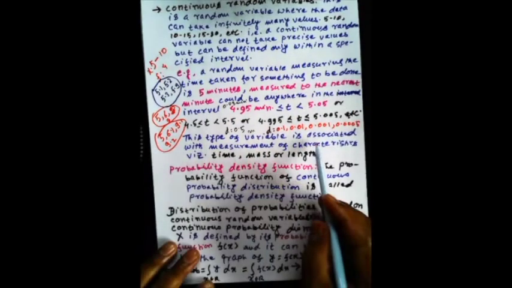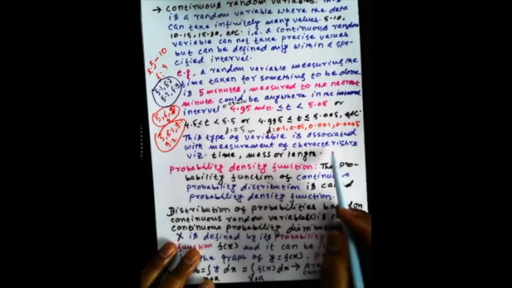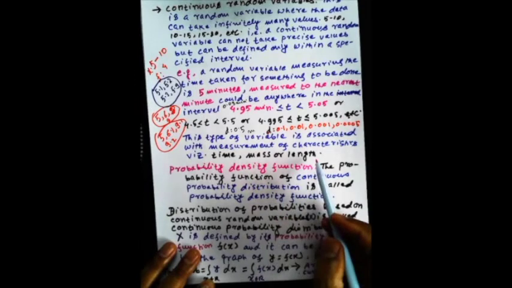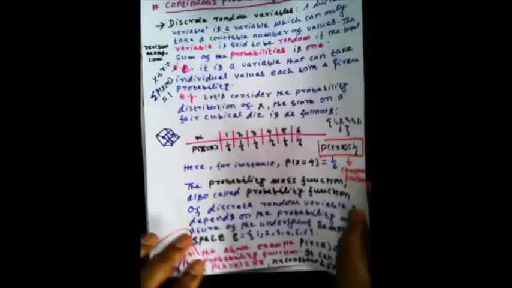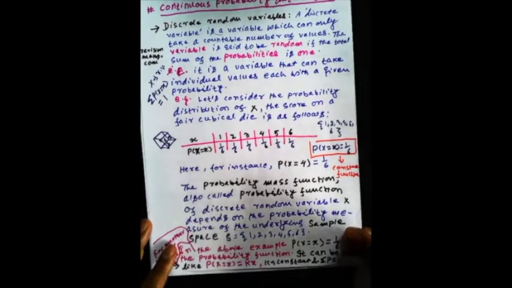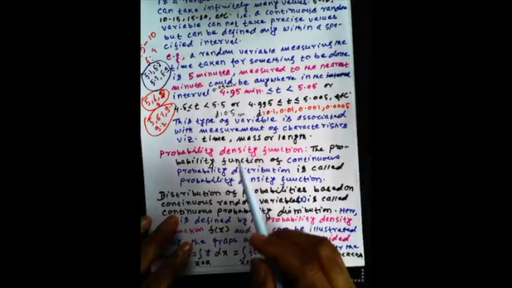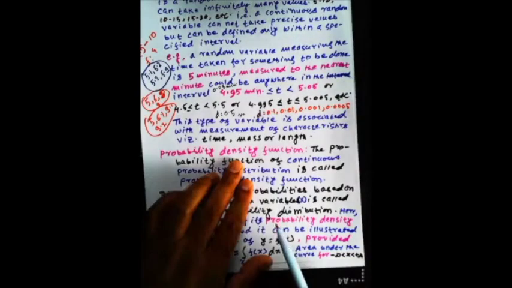So this type of variable is associated with measurement of characteristics such as time, mass, or length. Now we shall talk about the probability density function. Just like the probability function for a discrete probability distribution is called the probability mass function, if x is a continuous random variable, then the probability function for this continuous probability distribution is called the probability density function.